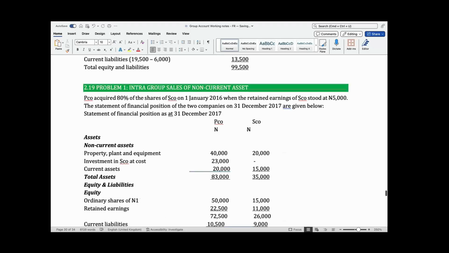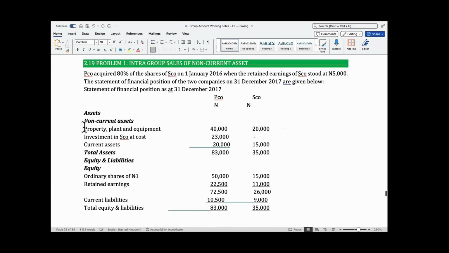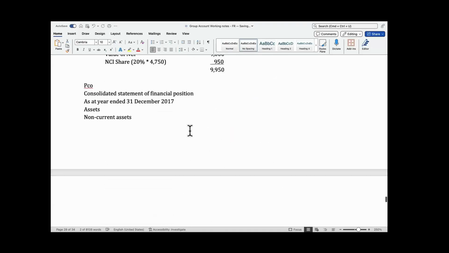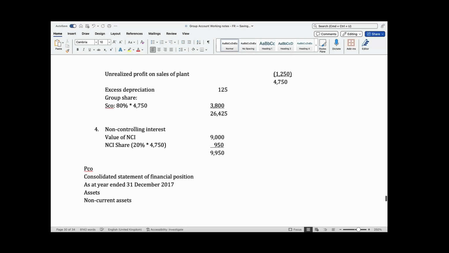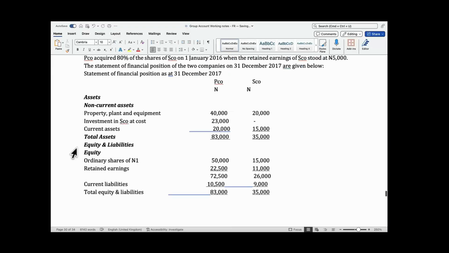What was the first item here? PPE. You add it, giving 60,000. Then what's the next item?